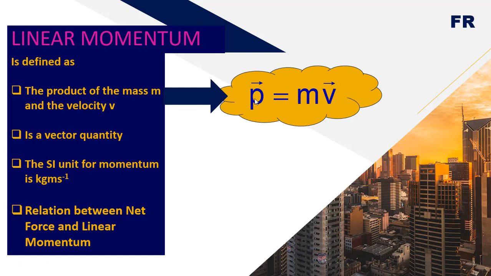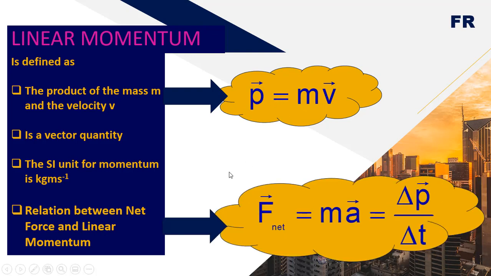This means the direction of vector linear momentum is the same as the direction of vector velocity. And for the relation between the net force and linear momentum, the net force F net equal to ma. It is also defined as delta P over delta t, that is the rate of change in momentum.